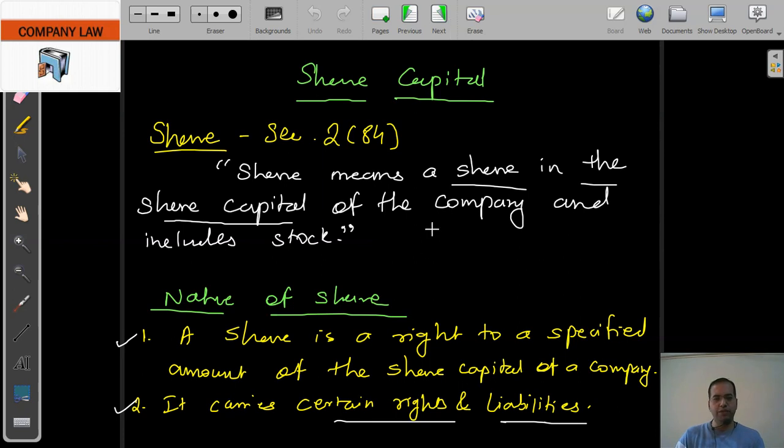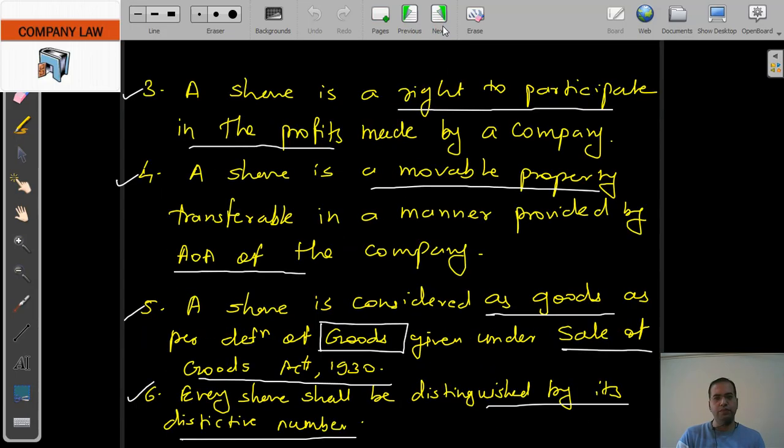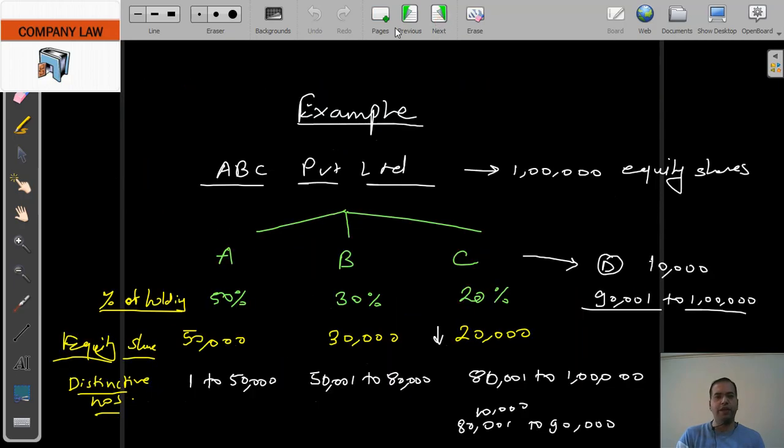Nature of share: share is a movable property. It is goods distinguished by a distinctive number. I have given you one example over here.